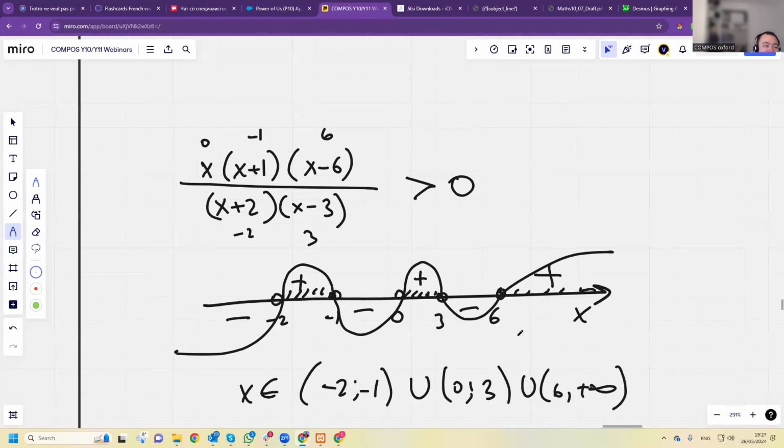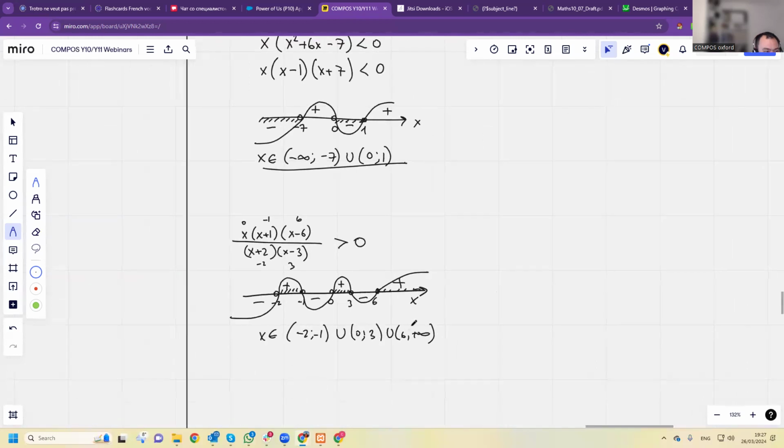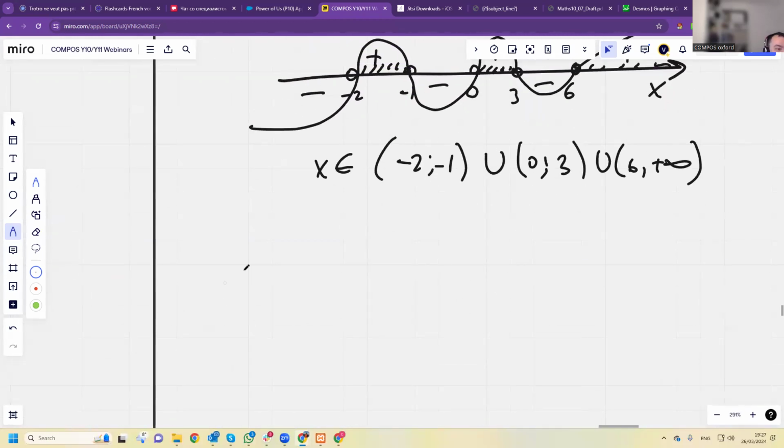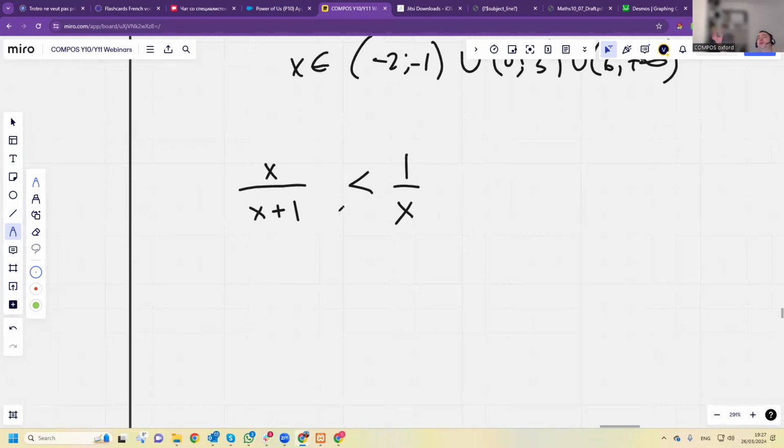Possibilities are endless. So let's take a real life scenario. A friend comes up to you and says, x divided by x plus 1 is less than 1 over x. So what do you do? Well, you just take everything to one side, make it 0.